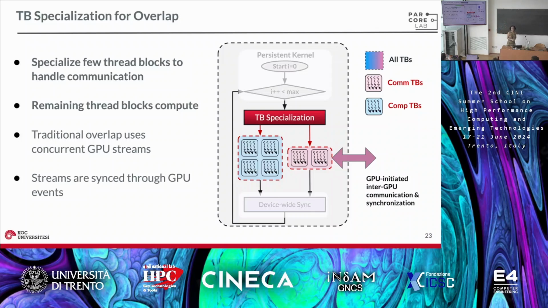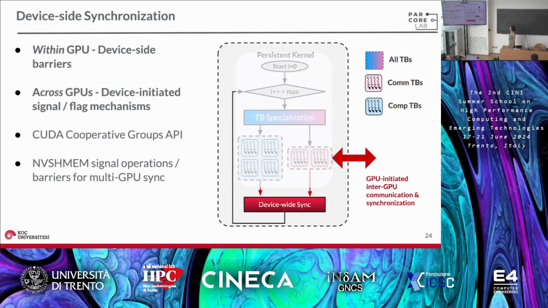This way, we overlap communication with computation on the device side. And then the CUDA cooperative groups API allows us to synchronize on the device side, within the device, and across devices. We use the NVSHMEM signal operation to synchronize between devices.